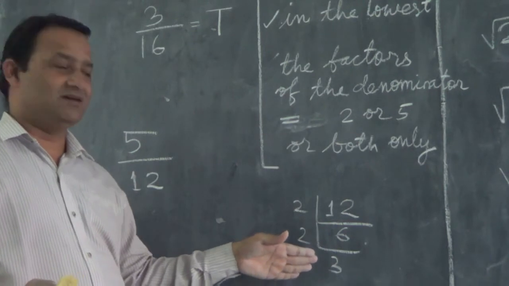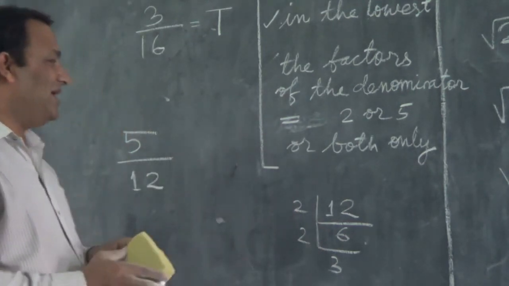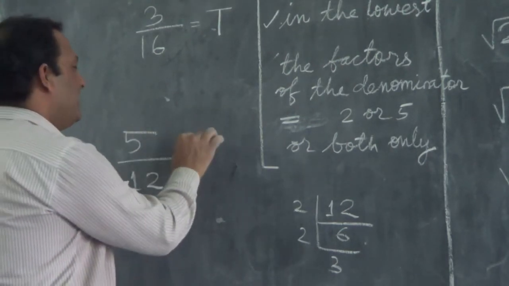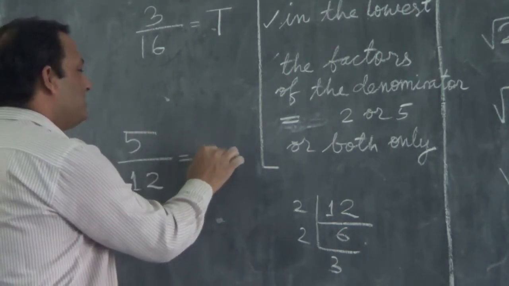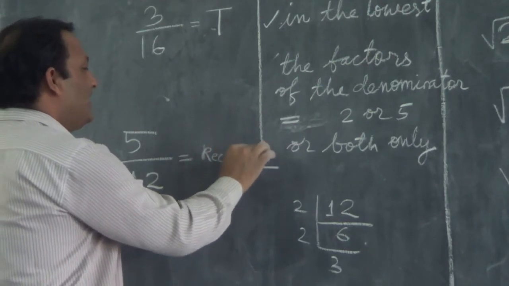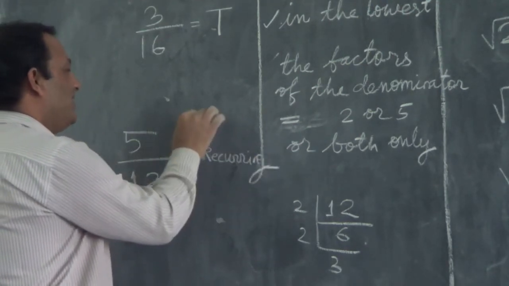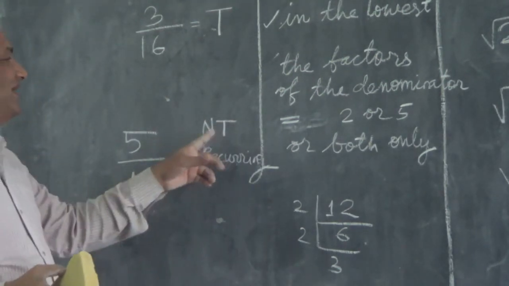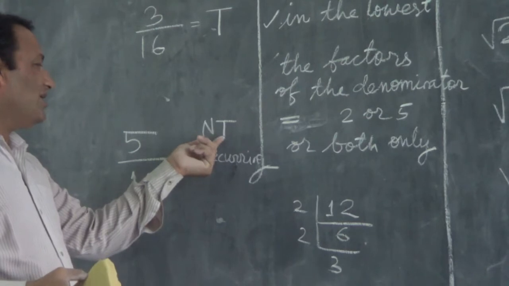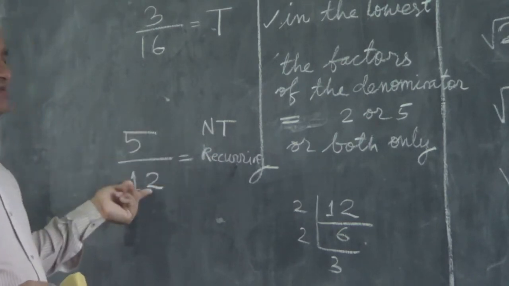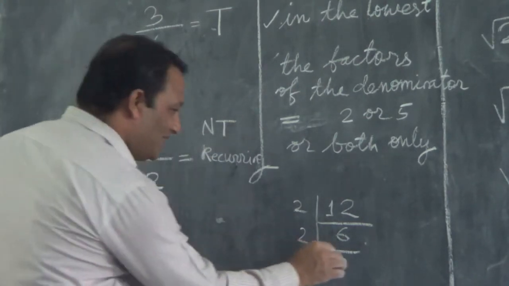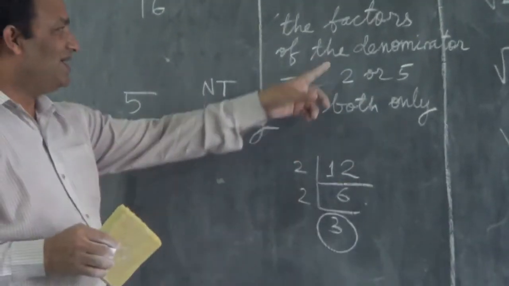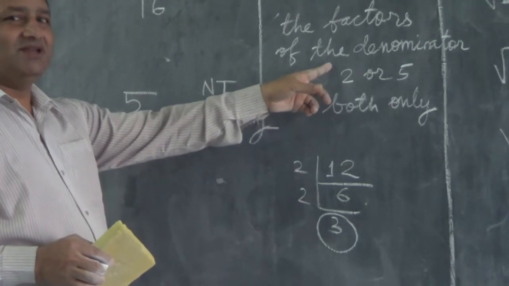But here an extra factor 3 is coming. So it will give a non-terminating recurring type of decimal because of this. Remember, this is our rule.